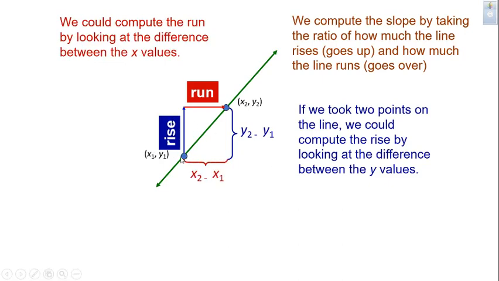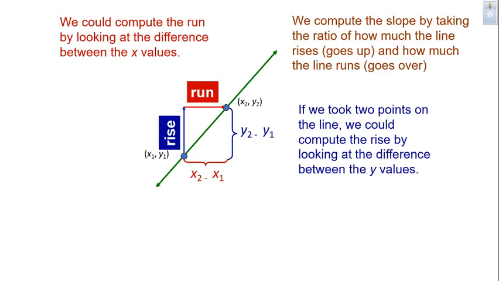So we have 2 points, x1, y1, and x2, y2. In this illustration, we're going to use x1, y1 as a point to the left and x2, y2 as a point to the right. And we're going to look at how much the line, the slope, how fast the line is changing position.